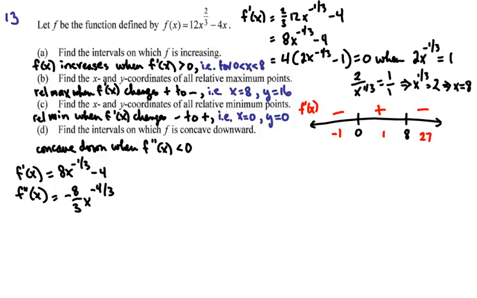And the important thing about it being 4/3 is that whether x is positive or negative, whatever we put into there will come out positive, and because the coefficient is negative 8/3, everything will be negative. So f double prime of x will be negative for all x except where x is equal to 0.